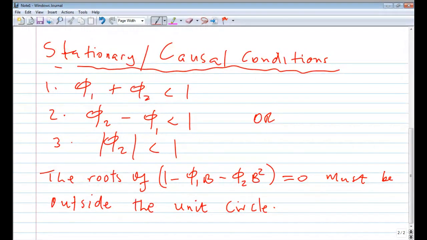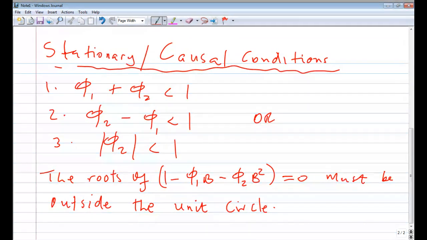I think it's clear. You can choose between the two: use the conditions up there, or use method number 2, where you write your process in backshift operator, equate it to 0, and find the roots or factors.